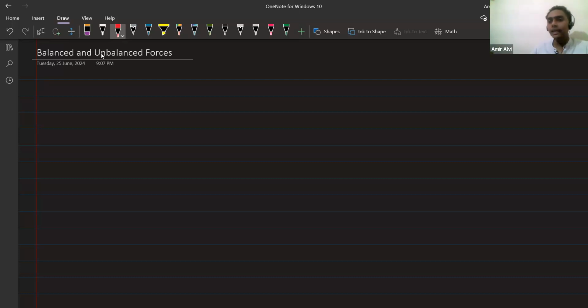It means that the net force, the resultant force on the object will be zero. Clear? There will not be any motion of an object due to the force. Clear? Say yes or no. Yes. And if we talk about unbalanced force, it means that the net resultant force on the body is not zero. Okay. So this is the basic thing about the balanced force.